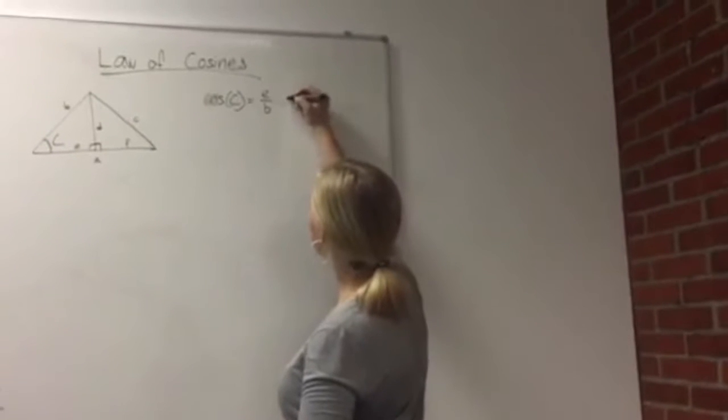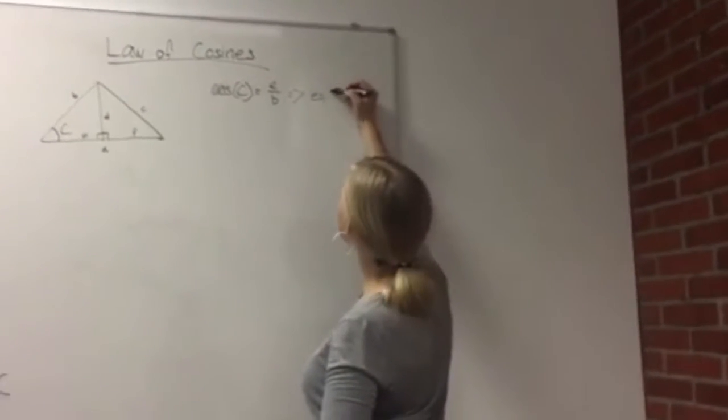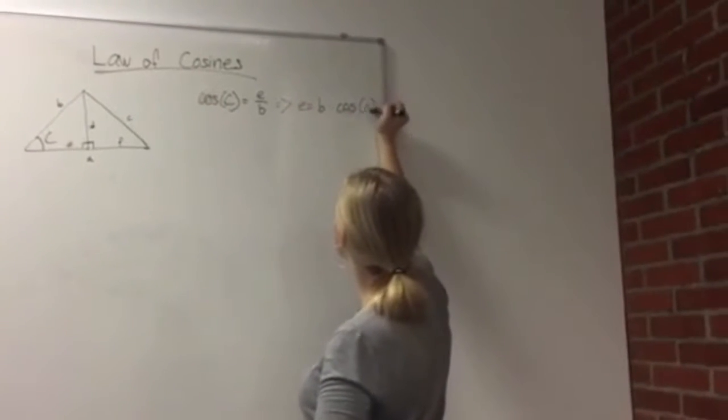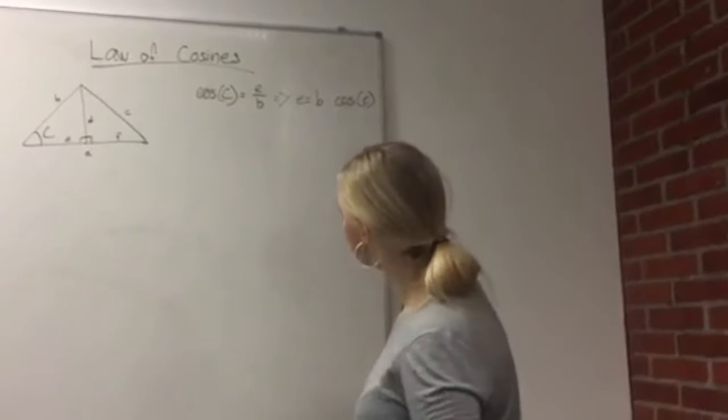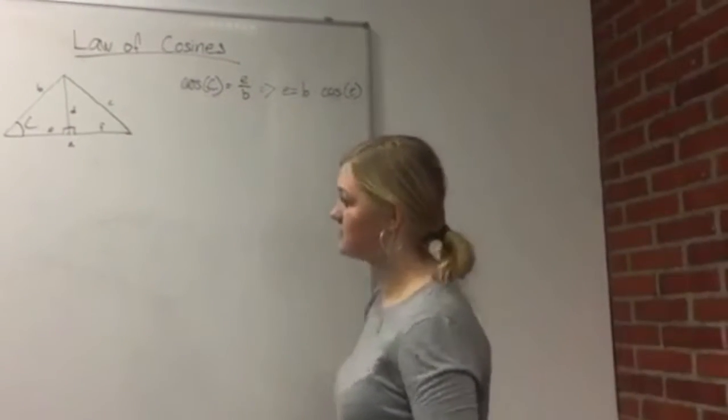Therefore, we also know that E is equal to B times cosine of C, by multiplying B on both sides.